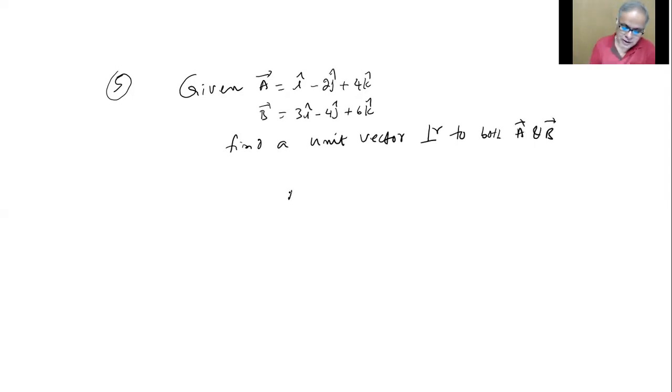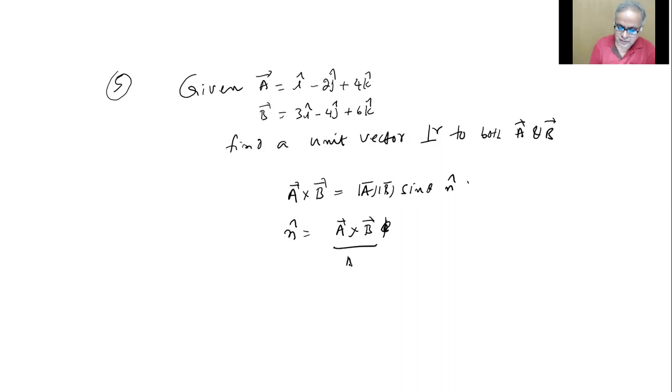You write this one. A cross B will be equal to mod A mod B sine theta into n cap. So he's asking you n cap. That is very simple. Vector A by mod A, nothing to bother.